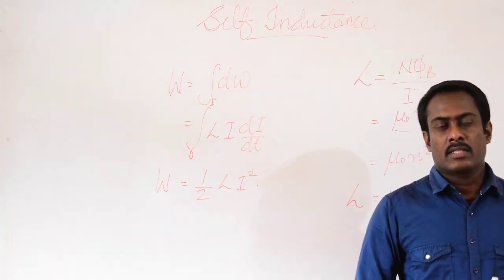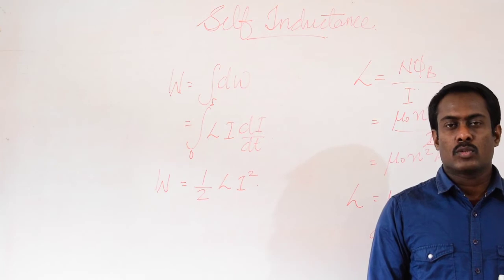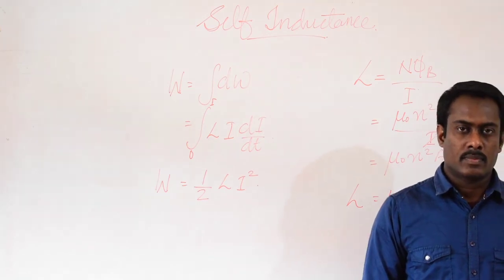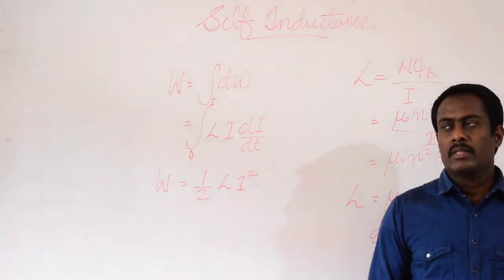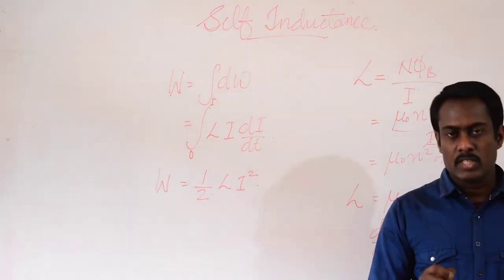Consider the general case of current flowing through two different, nearby coils. The flux linked with one coil will be the sum of the two fluxes which exist independently.